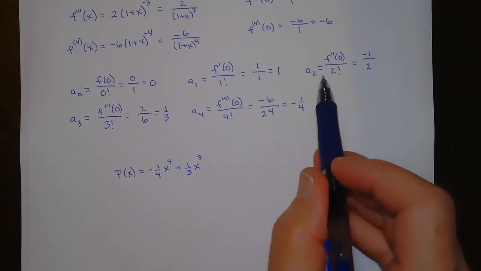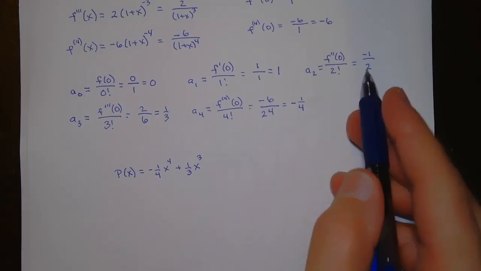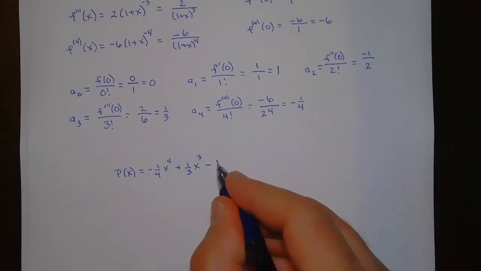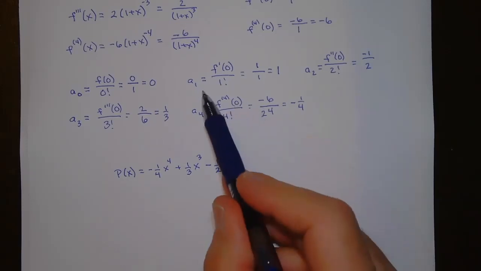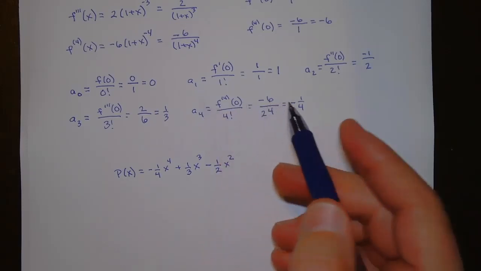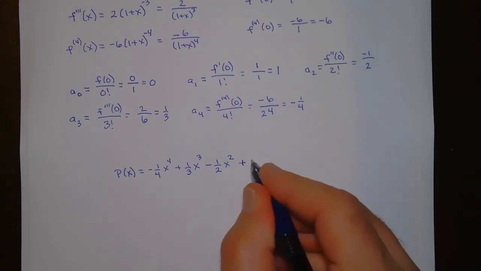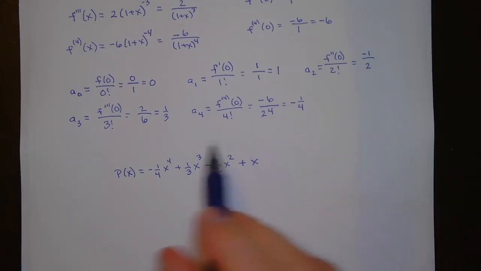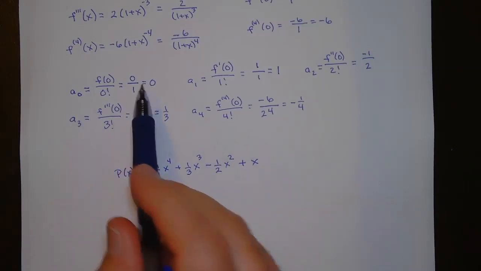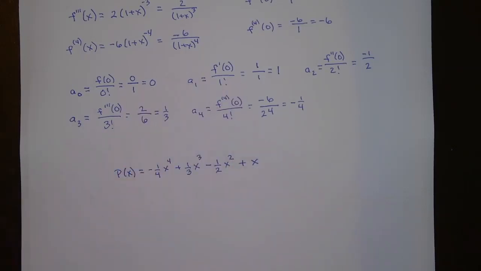And this is the coefficient for our x squared term, and it's negative, so I'm going to write minus 1/2 x squared. And this is our coefficient for x, so it'll just be plus 1x, so just plus x. And then our last term, which is our constant term, is a sub 0, and it's 0, so we're not going to write it because it's just 0.